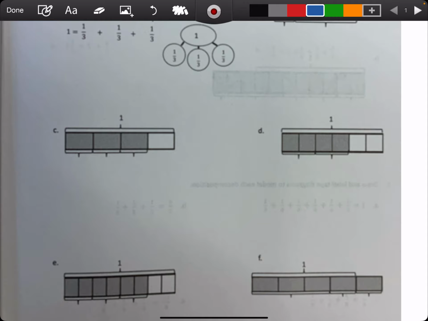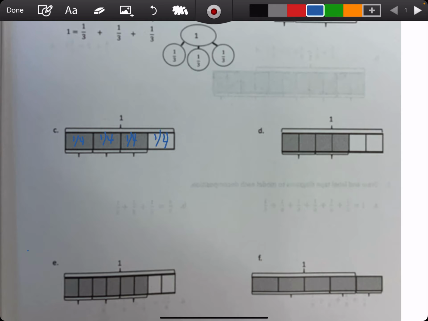Well, my whole here is going from over here all the way across over here. So it's the entire tape diagram. So in my entire tape diagram, I have 1, 2, 3, 4 pieces. So if I have 4 pieces, that's 1/4, that's 1/4, 1/4, and 1/4.